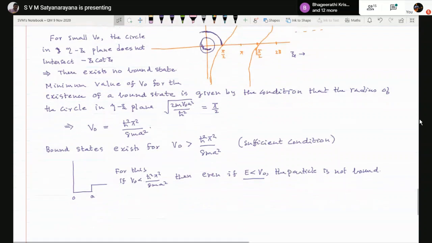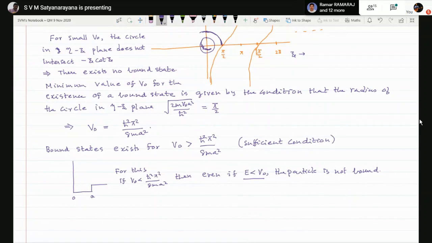But I would like to look at a limit. Okay, so let's look at a limit. Suppose you take the limit V naught tending to infinity.